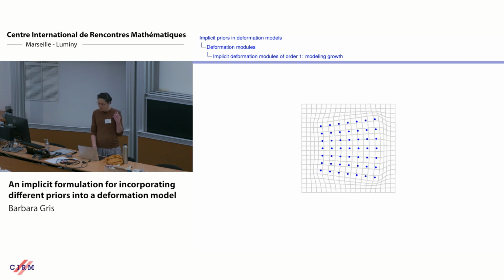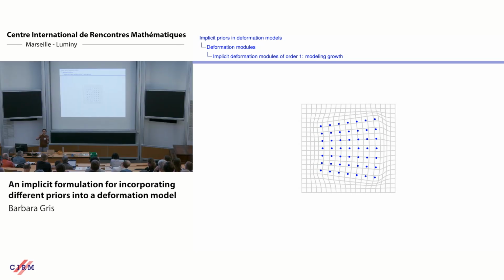Here you see that locally you have rotation of your material because of the non-uniform growth pattern. So this means that the principal directions locally at your shape, they can rotate.